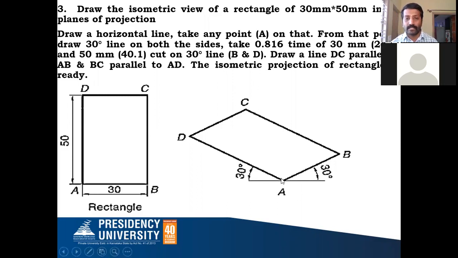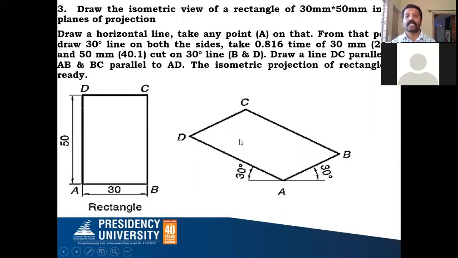From A as the center, on the left side 30-degree line, you cut it and call that D. Similarly, for the 30 millimeter length AB, you convert into isometric scale, and you may get 24.5. From A as the center, you cut the right side 30-degree line and call that B, so you get AB.